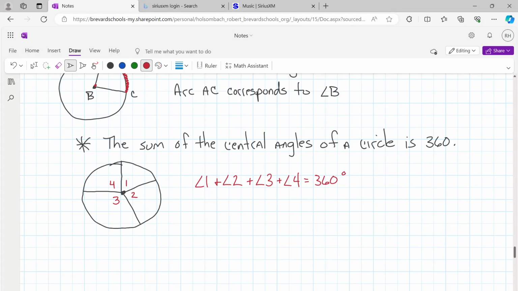And we're going to use that rule today to find central angle measures inside of a circle. Because once we know these central angle measures, then we know the arc measure of its corresponding arc. Okay? So look at example 1, and you can draw that diagram if you like.